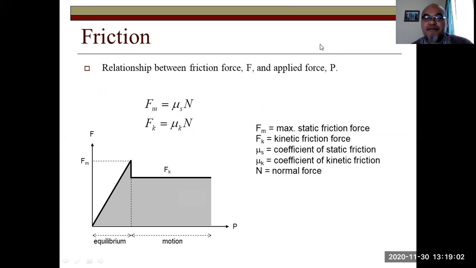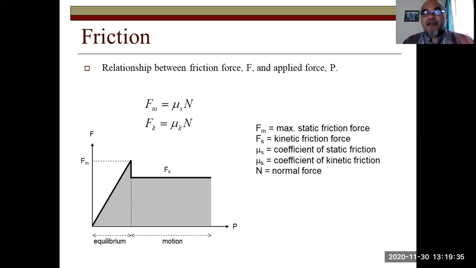There are two types of friction force, which I believe you have learned in high school physics. First is the static friction force, this left part, and then the kinetic friction force Fk. The static friction force is dependent on the force applied to that object. The static friction force occurs just before the object starts to move.